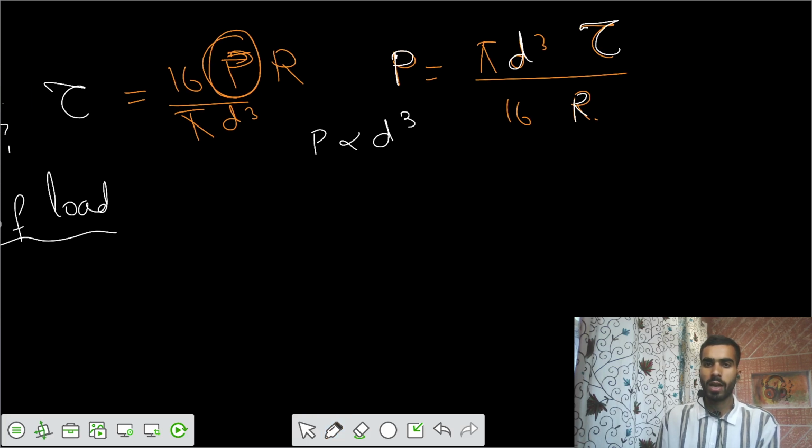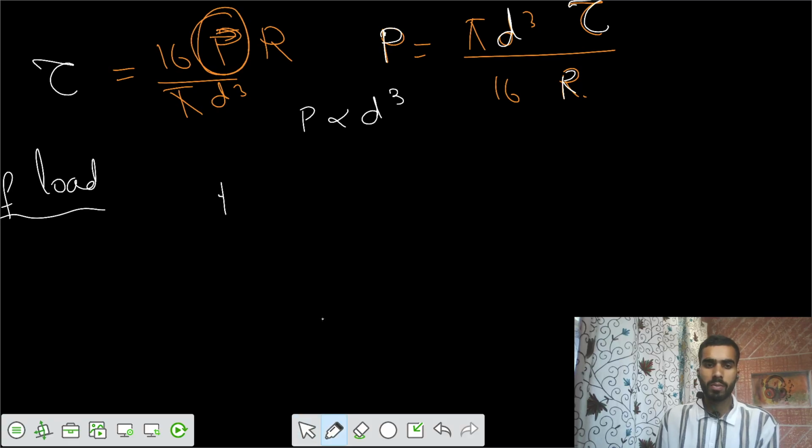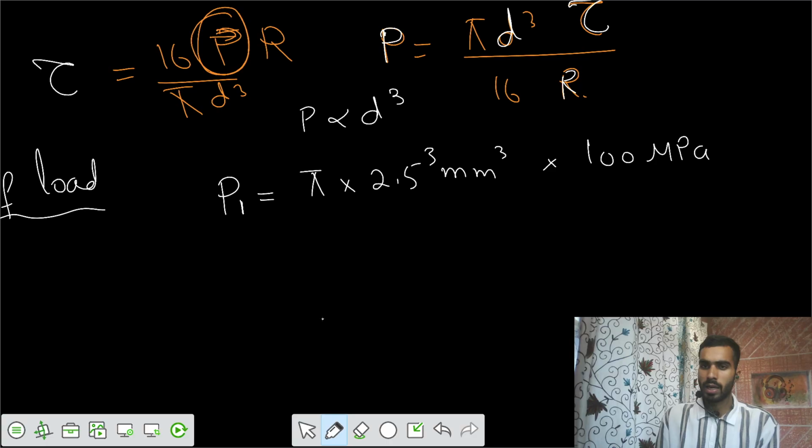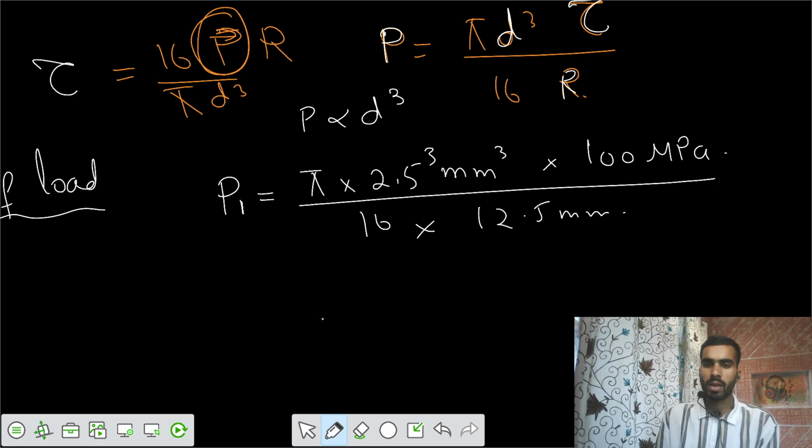So for the first material, how much is the proof load? That equals pi times diameter of that wire. Diameter of that wire was 2.5 millimeter, and permissible shear stress was 100 megapascal, divided by 16 times r. Value of r was 12.5 millimeter. So you have that value of P1.